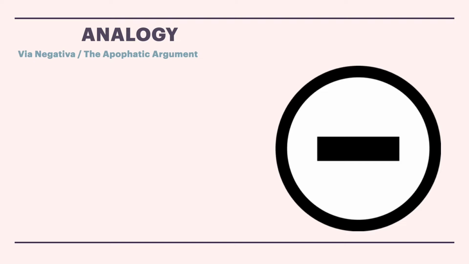Another device that is used to talk meaningfully about God is the apophatic argument, or the via negativa, the negative way. Now, this is a concept that people believe dates back as old as philosophy itself. We can find some works in Pseudo-Dionysius, who was a Greek author and Christian theologian and a Neoplatonic philosopher around the 5th or 6th century.